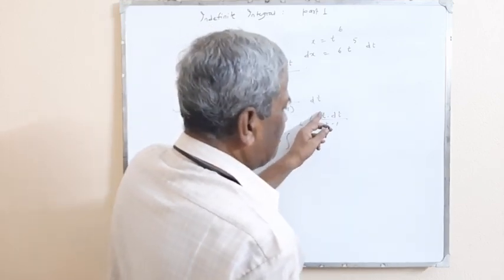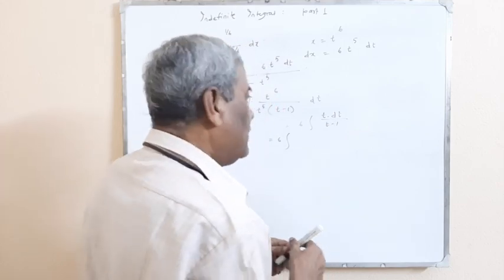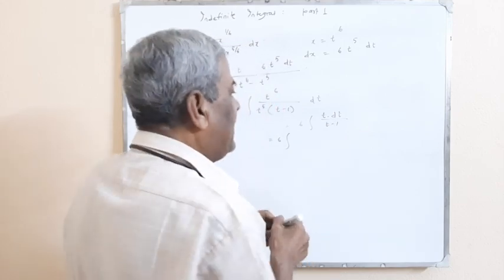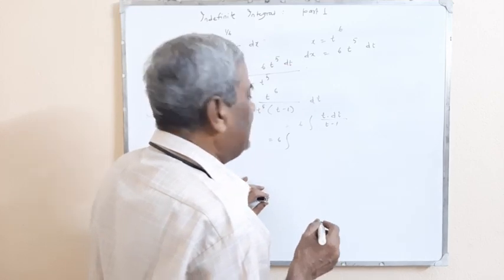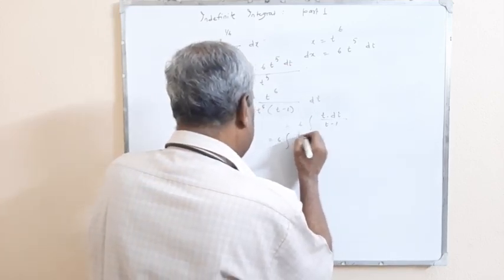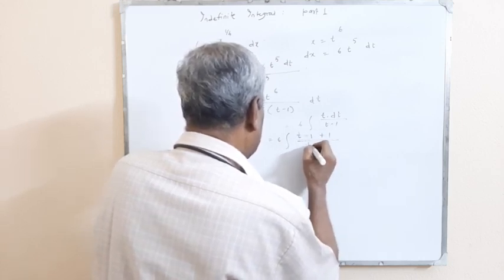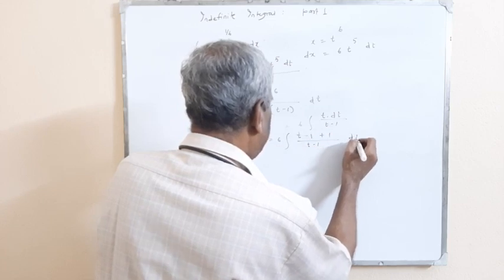Its maximum power is 1, and in the denominator also the maximum power is 1, so we have to divide them. Here, instead of dividing, we can simplify in that way: t minus 1 plus 1 by t minus 1 dt.